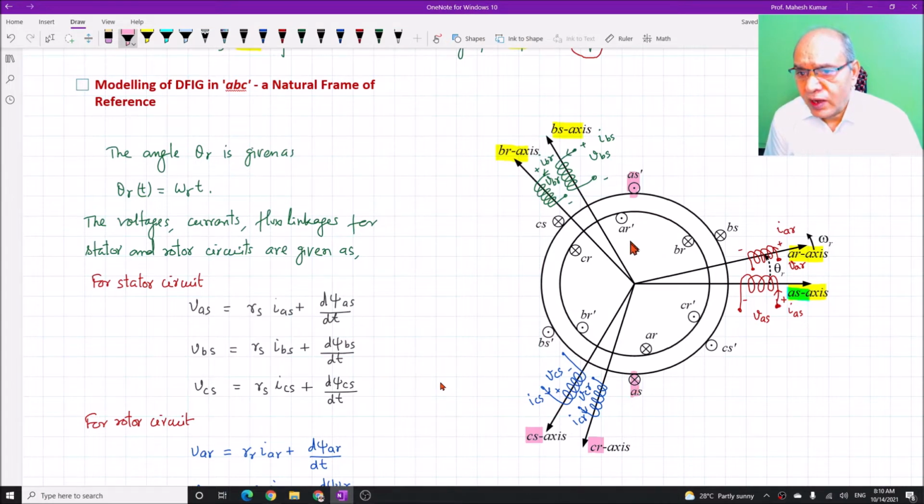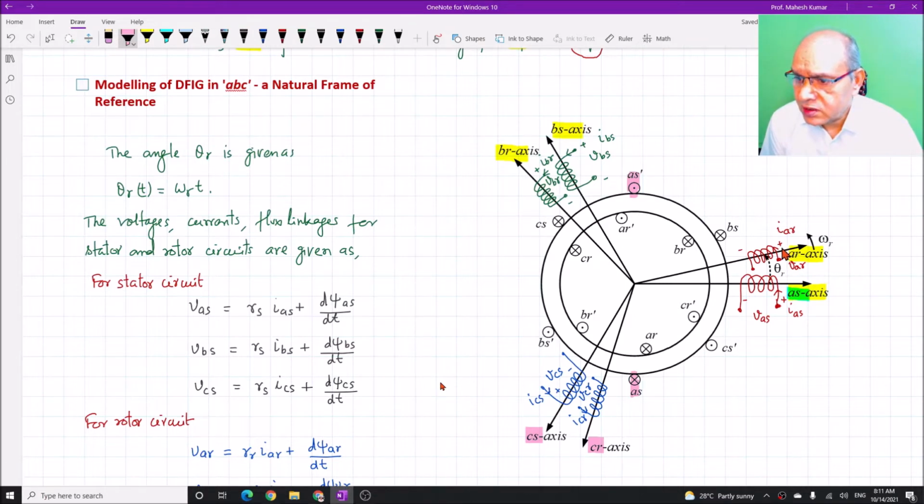So we can assume as if it is a winding, and the winding has turns where the current enters and goes. It creates the ampere turns and the flux. You can see here that current enters from this terminal and it leaves from this terminal. Similarly, we have representation for the rotor circuit.